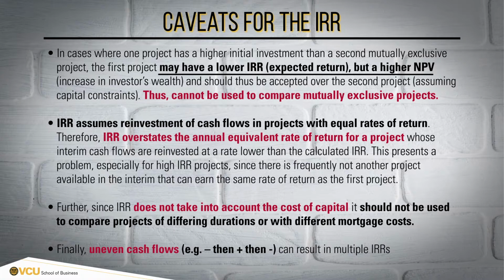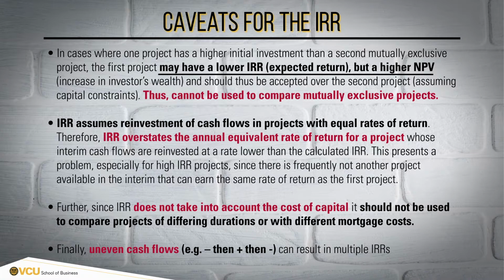And finally, it doesn't take into account the cost of capital. So if you have projects with differing capital cost, so let's say you're looking at a hotel and an apartment building, well, the cost for mortgage funds are going to be somewhat different typically because of the nature of risk and return that the financial institutions are going to face when they compare hotels to apartment complexes.